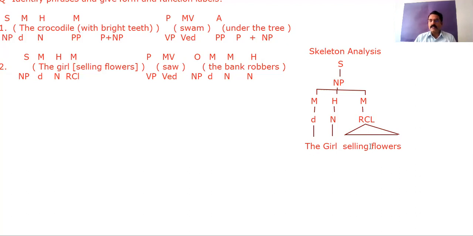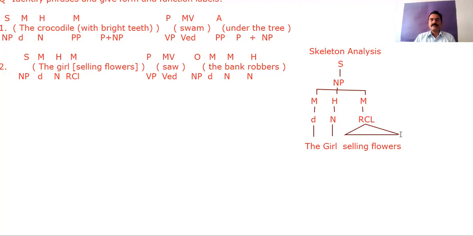So the girl selling flowers is the phrase that we have analyzed using skeleton analysis. The thing we are expected to remember here is, when a relative clause or any type of clause is shown in a skeleton analysis, we have to use a triangle to show the clause, right?